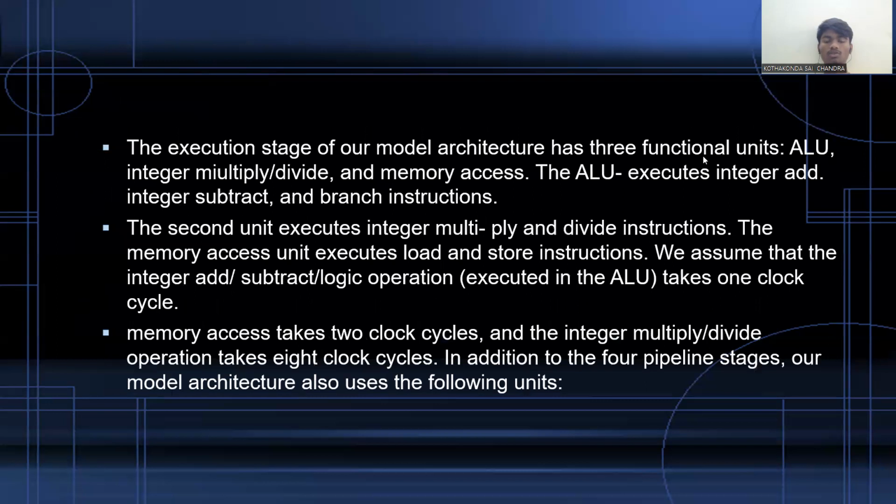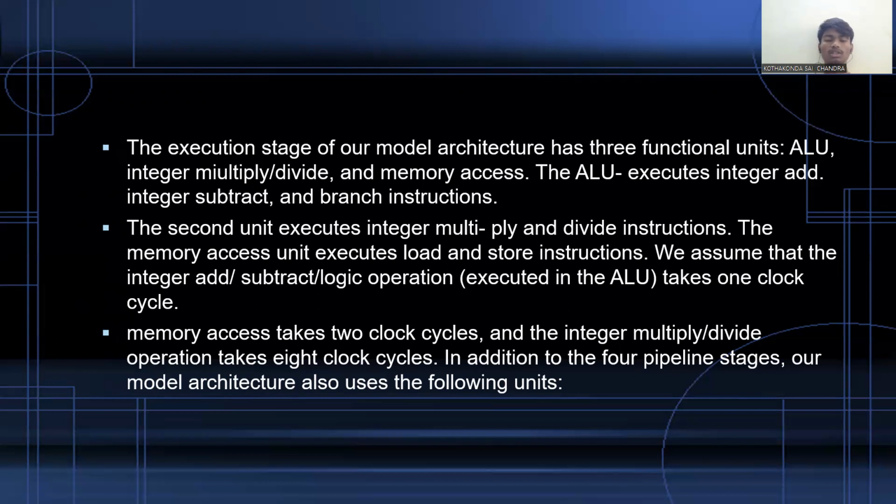So here is the execution stage of our model architecture that has three functional units: ALU, meaning arithmetic logic unit, integer multiply and divide, and memory access. This ALU executes integer add, integer subtract and branch instructions. The second unit executes the integer multiply and divide instructions. The memory access unit executes the load and store instructions.